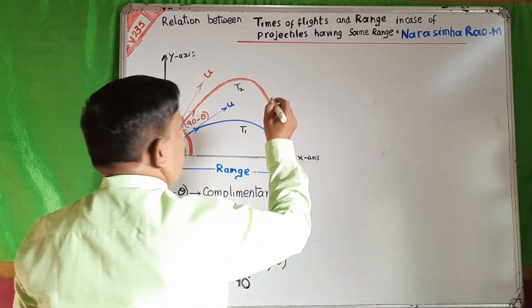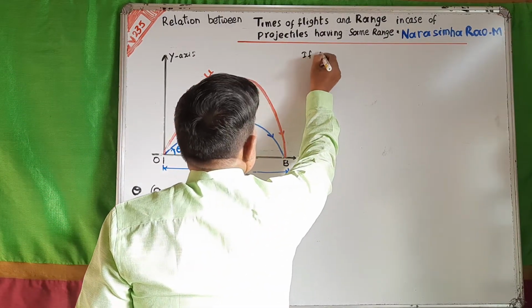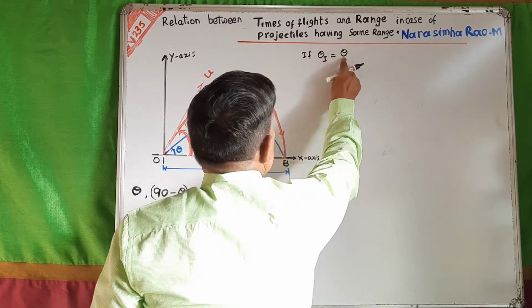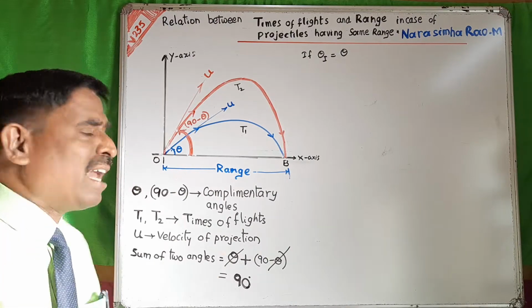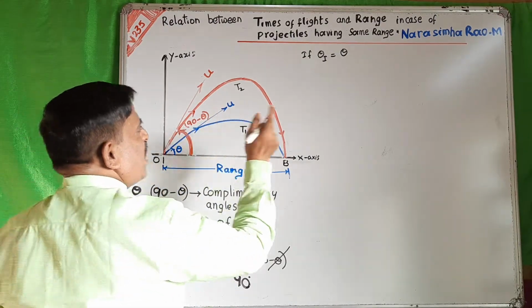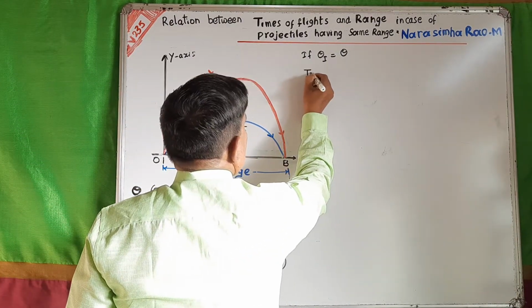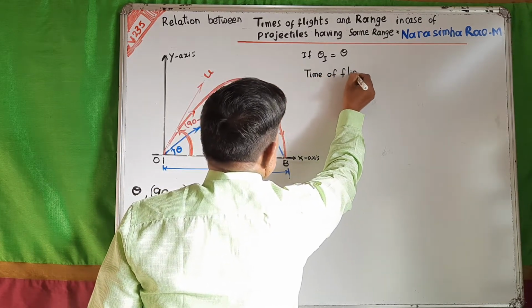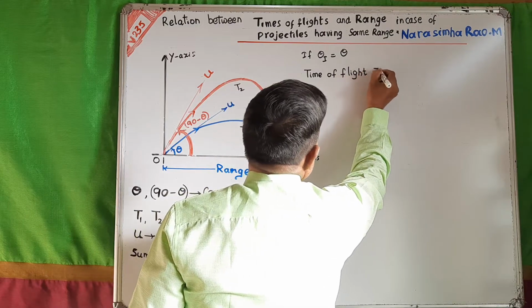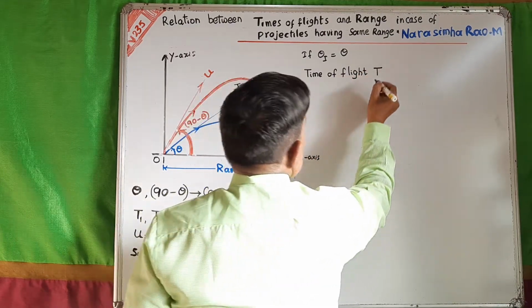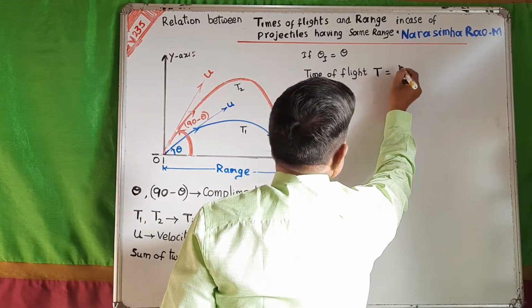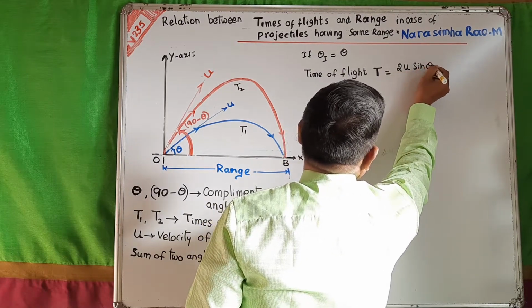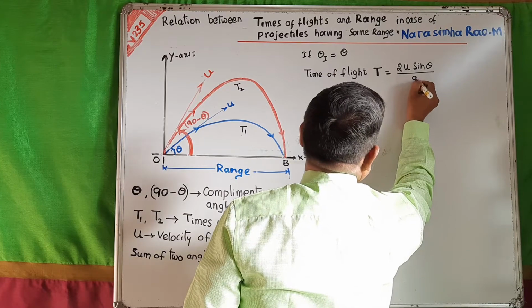If theta 1 is equal to theta, angle of projection is theta, then time of flight is t1. Formula of time of flight: t is equal to 2u sin theta by g.